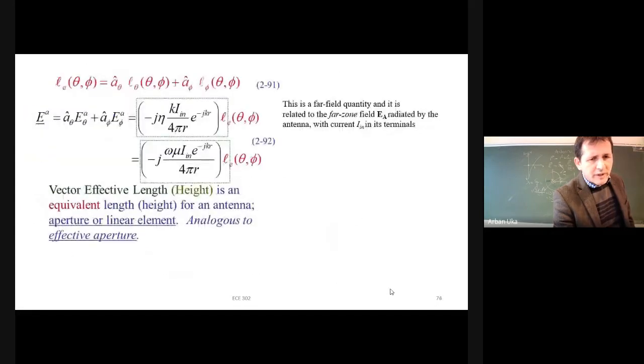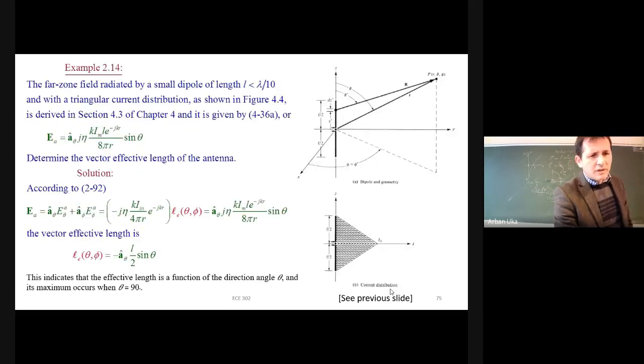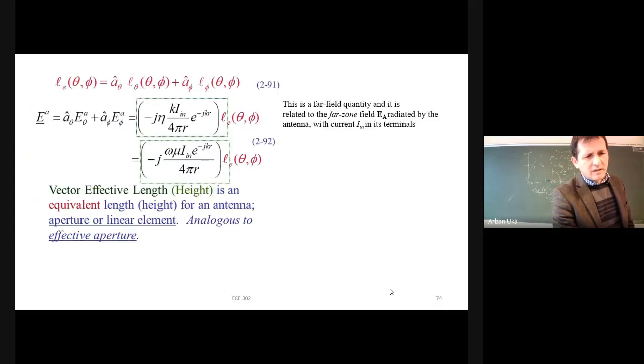So if we compare this expression of the electric field on this side with the electric field which is given here in green, you may notice that the one in this slide has extra components. For example, there is an L divided by 8 pi. Here, we just have the angular frequency omega, times the permeability, times the current in the antenna, times this exponential term.